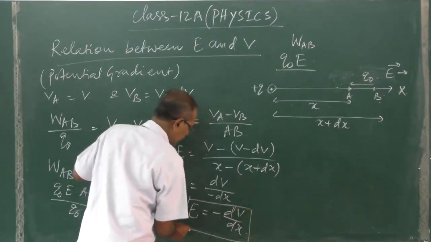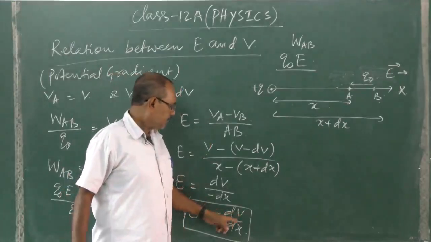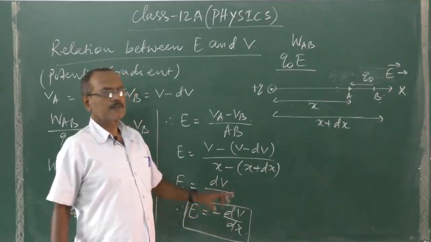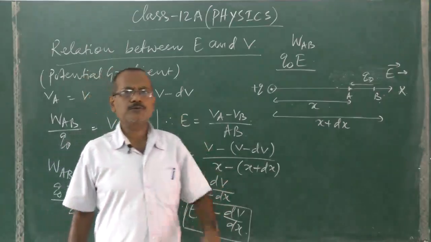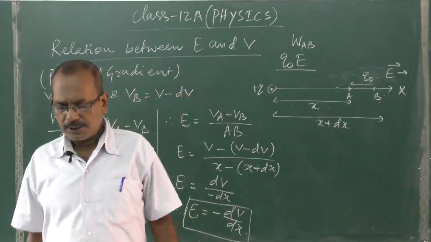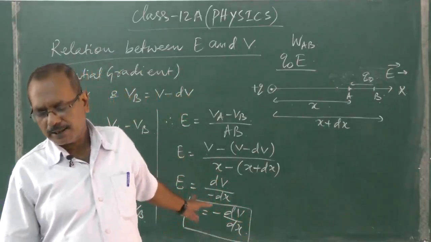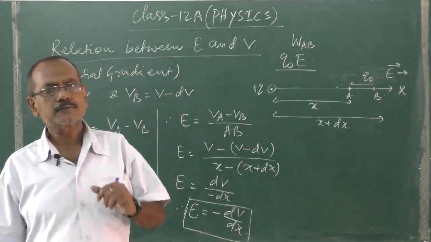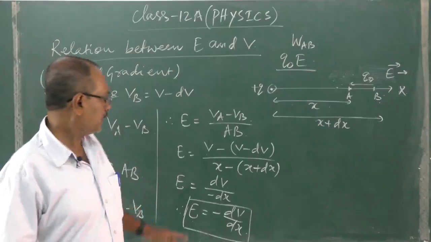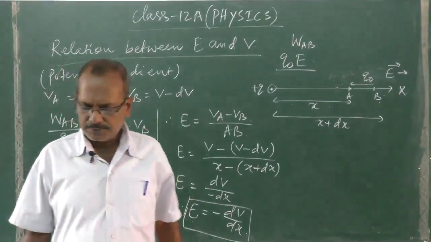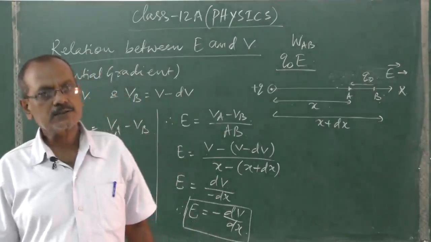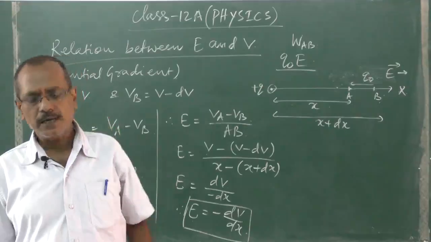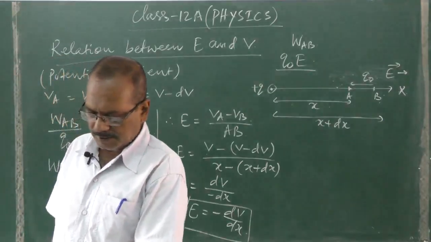Now see, dV by dx is the potential gradient. The minus sign is showing the opposite direction. So the quantity dV by dx is the rate of change of potential with distance, and is known as potential gradient.